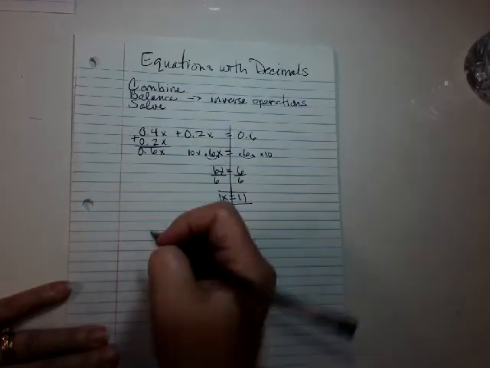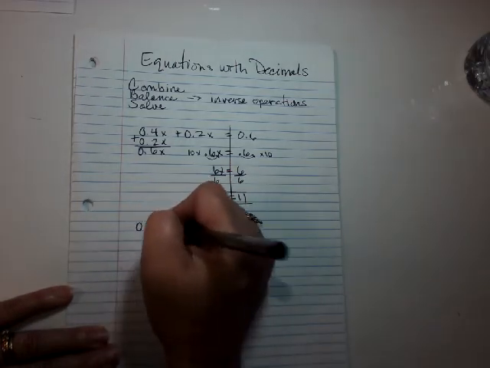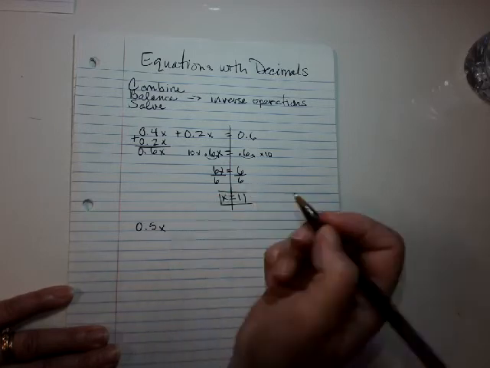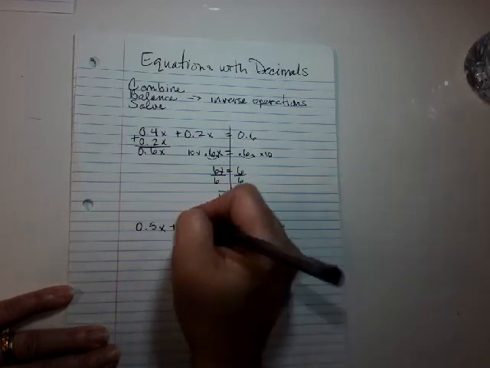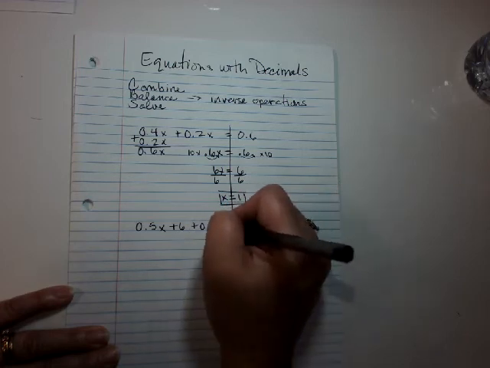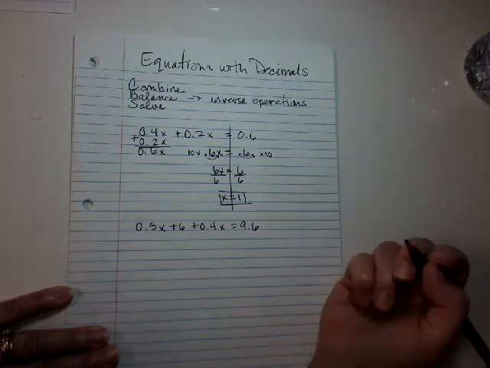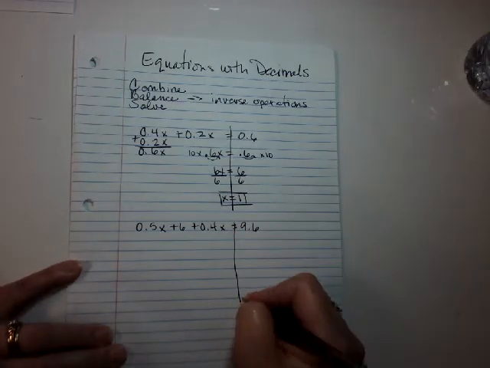Let's do another one. This one is going to be just a little bit different. So I have 5/10 x plus 6 plus 0.4x equals 9.6. So let's get started here.